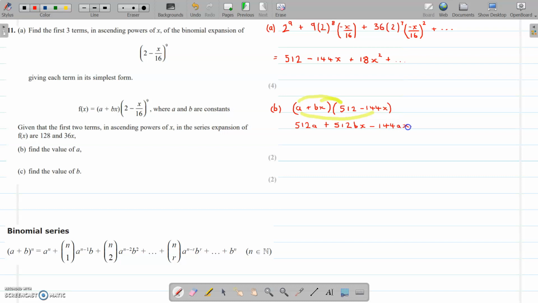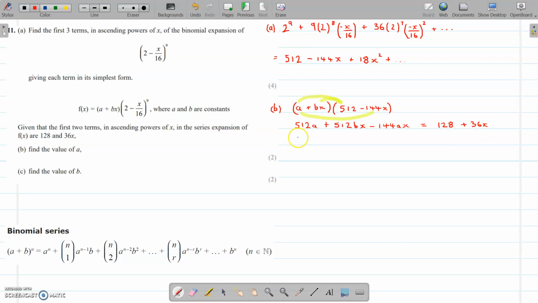As I said, the term bx times 144x would be x squared, and I'm not interested in that. And this part is going to have to equal 128 plus 36x. Now, what I'm going to do is group together all the numbers that don't involve x, and then group together all the x terms and equate coefficients.